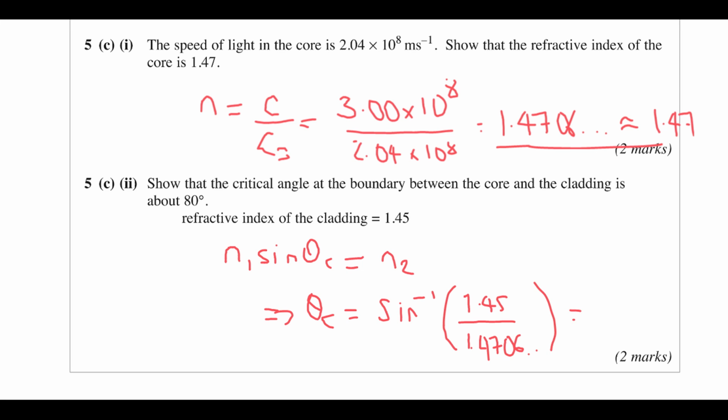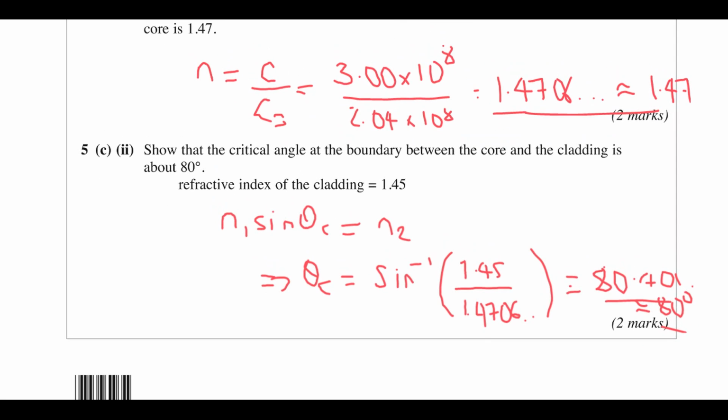So when we do that and calculate the answer, we get 80.401, which is roughly 80 degrees here. So you'll see that for these show that questions, I always give a few more decimal places to show I've actually calculated it, and then say, you know, that's roughly what we were looking for. Okay, so let's carry on.